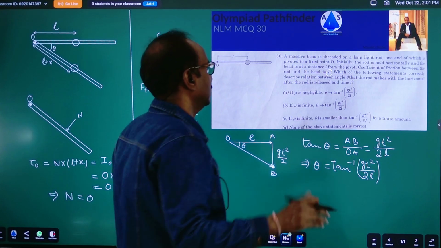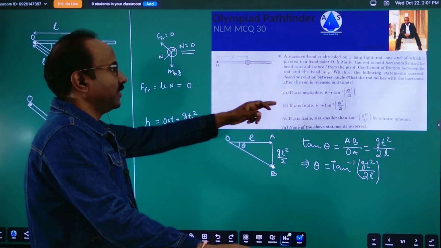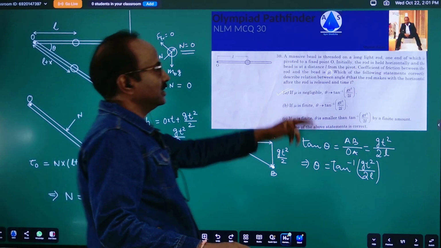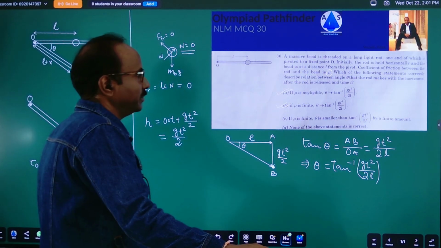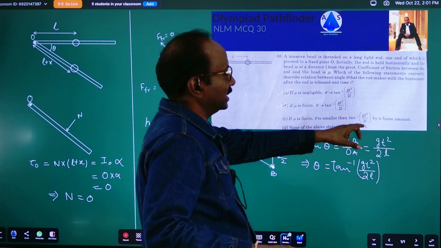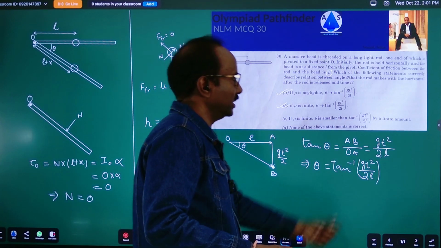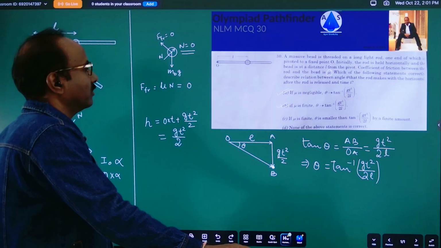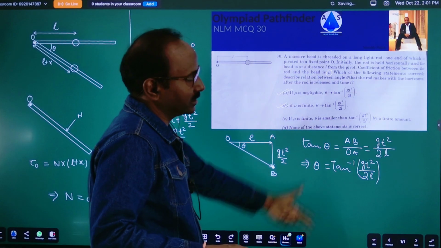So this is okay. If mu is finite, theta is equal to this. So this also is correct. If mu is finite, theta smaller than this will not be correct, because all the time theta will be equal to this. None of the above statement is correct. No, A and B will satisfy this equation.